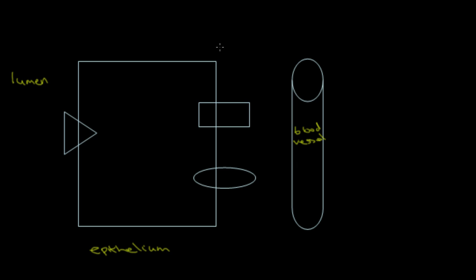And the side facing the blood vessel would be called the basal side, and this side would be called the apical side. And here the combination of this transporter over here and this one over here is known as secondary active transport.